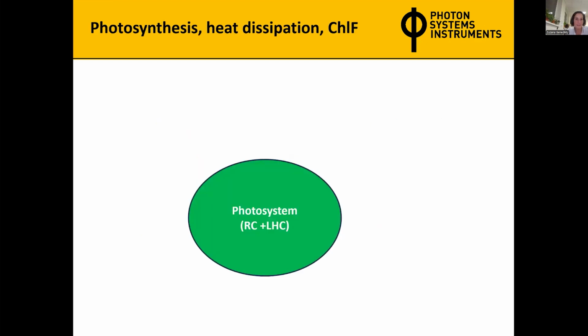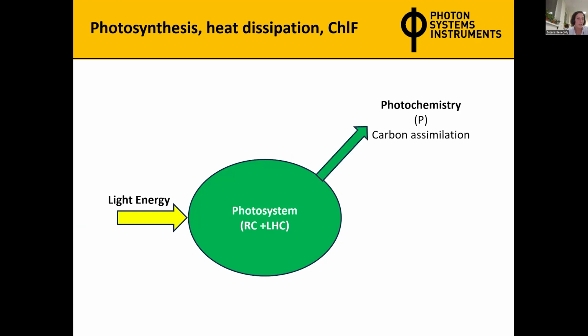Here is a graphical presentation of what I already said. This seems to be some kind of theoretical concept, but it will help you to manipulate a sample later. So here we have a photosystem, either photosystem 2 or 1. If we illuminate it, light energy is absorbed. Most of that is used for photochemistry or photosynthesis, finally carbon assimilation. Part of the energy is dissipated as heat, let's call it non-radiative decay here.